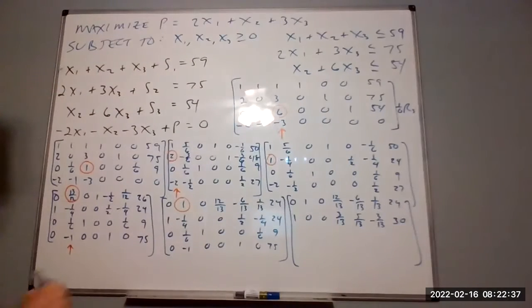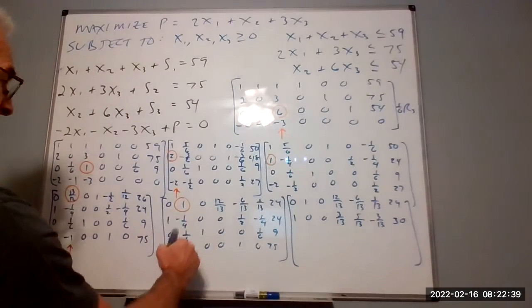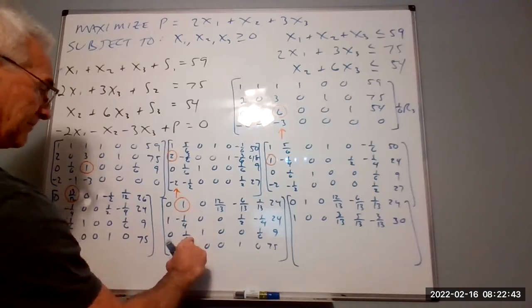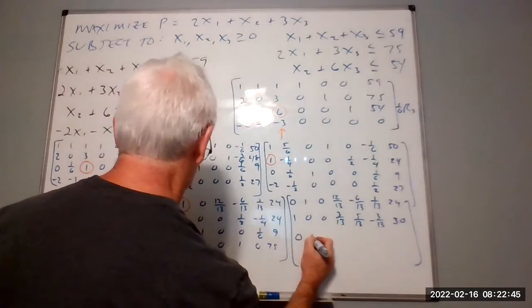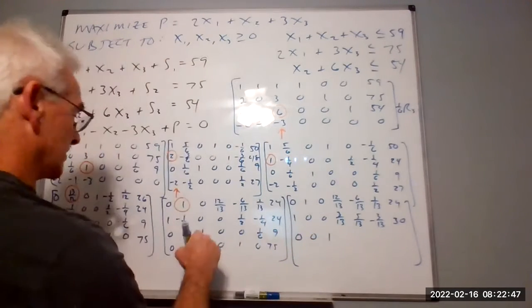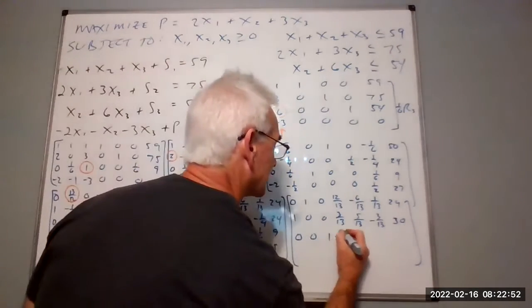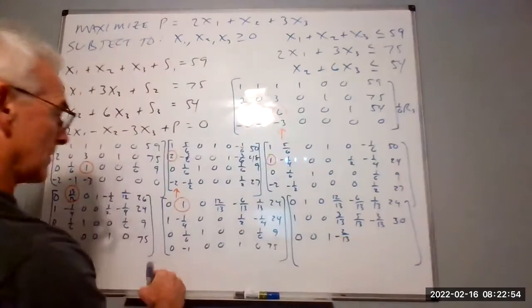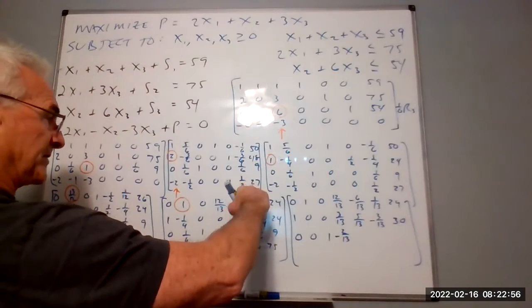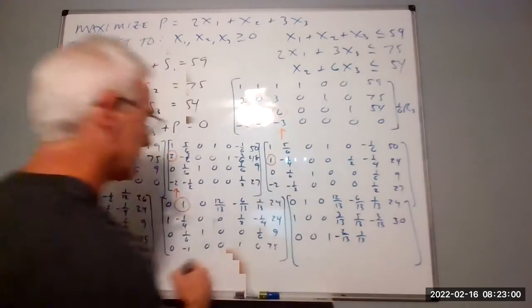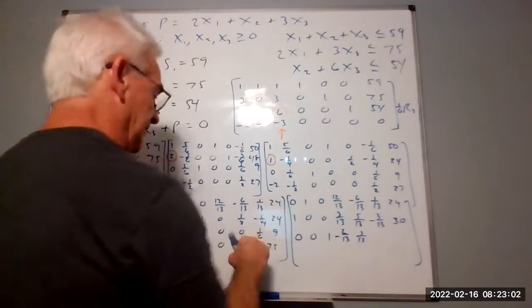All right. Now I'm going to take negative 1/6 of row 1 and add it to row 3. So negative 1/6 of this, that'd make that negative 2/13. Negative 1/6 of this would be positive 1/13. Negative 1/6 of 1/13 plus a 6th.